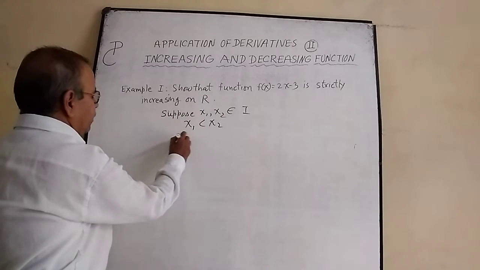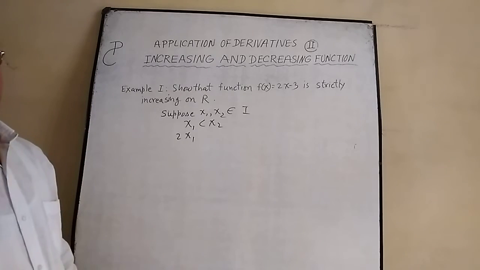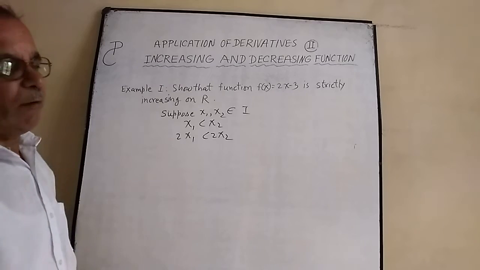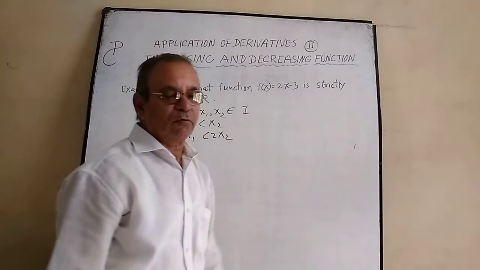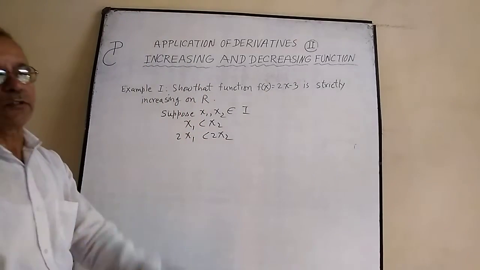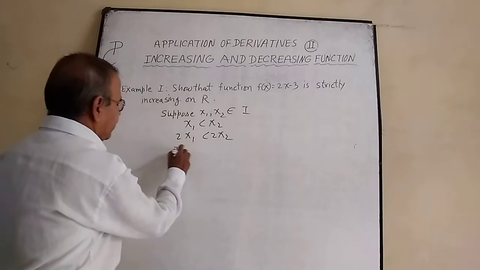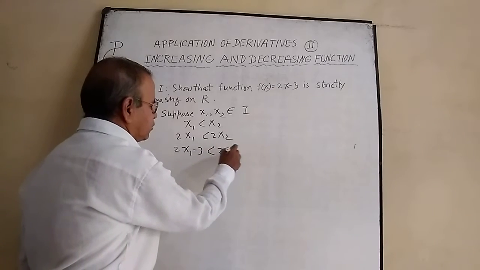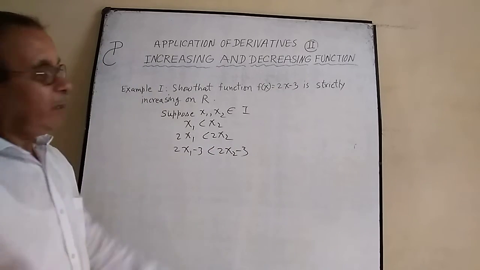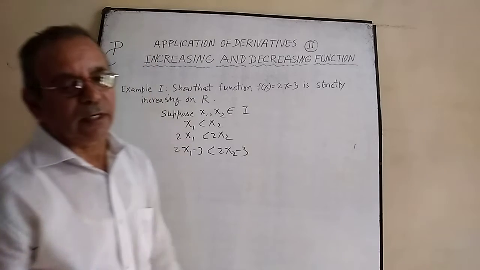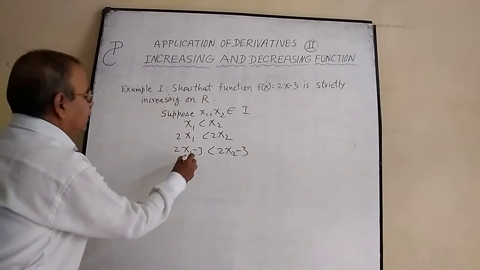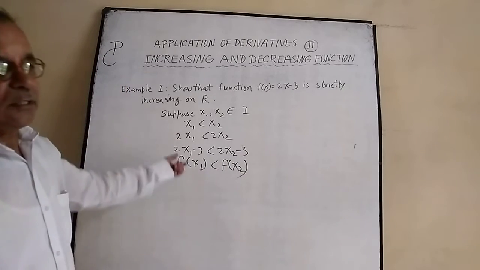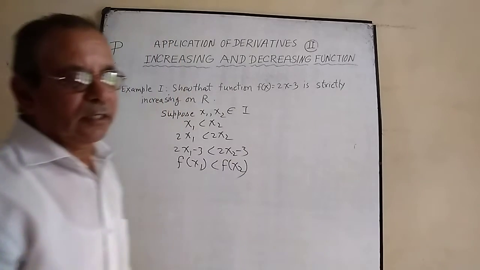Here I am multiplying both sides by 2, so 2x1 is less than 2x2. After that, I want the function f(x) equal to 2x minus 3, so I subtract 3 from both sides, giving 2x1 minus 3 is less than 2x2 minus 3. If f(x) is equal to 2x minus 3, then f(x1) is less than f(x2), and this is the condition of strictly increasing.